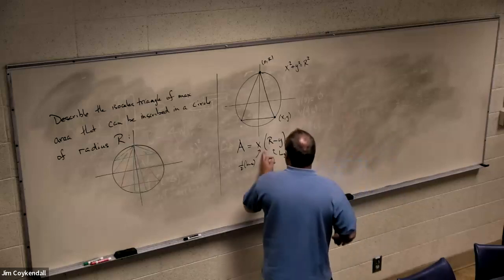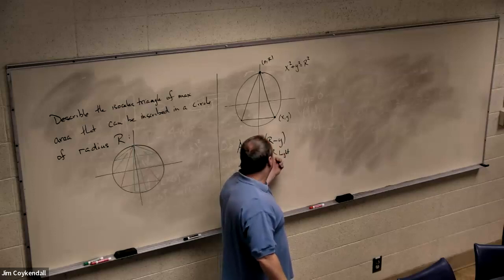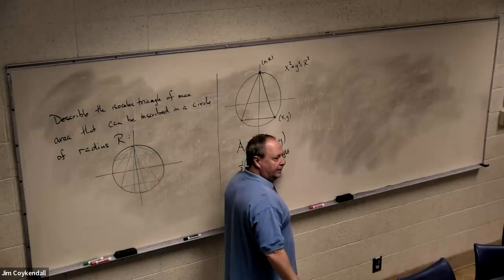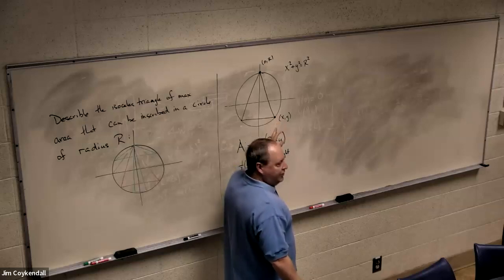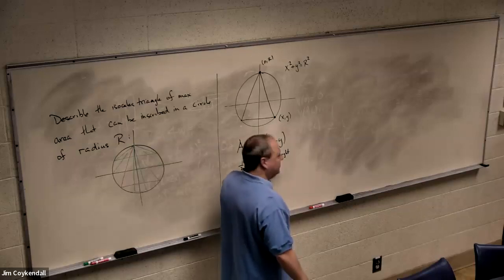So, okay, here's my usual problem that I always get in these kinds of things, and that is I've got too many variables. I can change x, I can change y. How am I going to get this down to one variable?